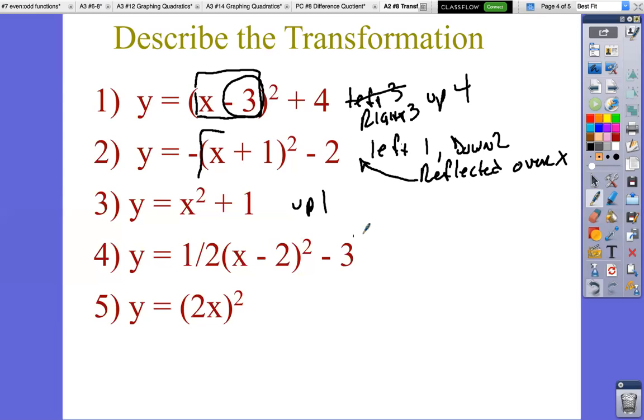She said up or left. Now, I haven't really addressed this. So can I say up or left? Is it just up 1 or is it just left 1? Which is it? And look carefully to these two before we get to number 3. Again, it's easier for me to teach some of these things through an example than it is just to give you rules. So what do you think?